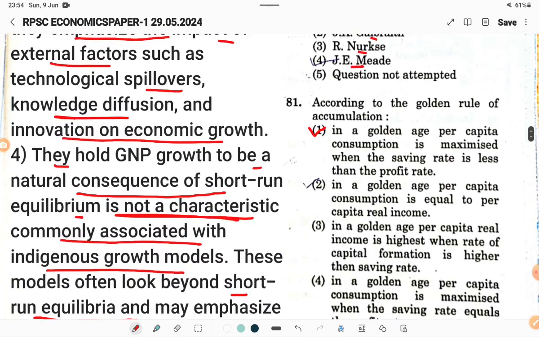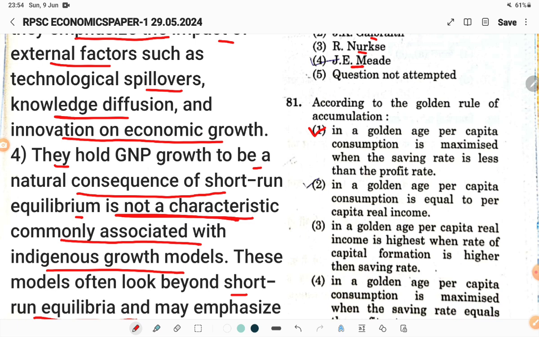Now question 81, according to the golden rule of accumulation. Statement first: in a golden age, per capita consumption is maximized when the saving rate is less than the profit rate. This statement aligns with the golden rule of accumulation.